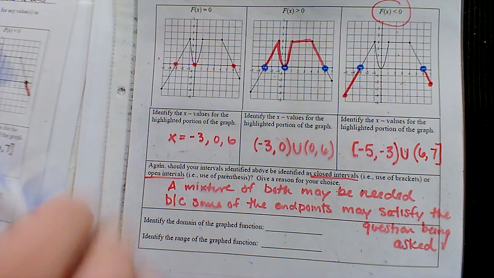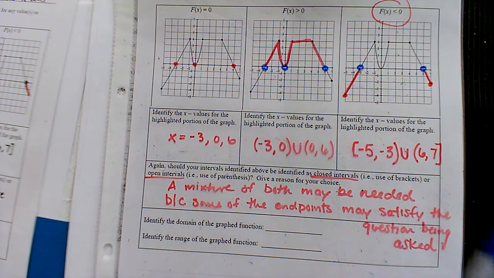Any takers on domain? If you drag left to right, where do you begin and end?